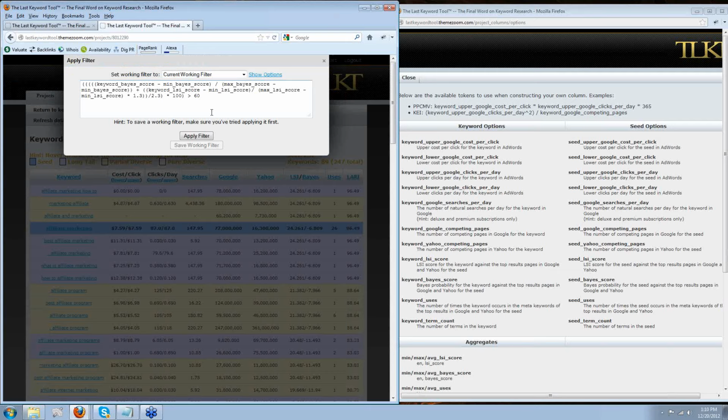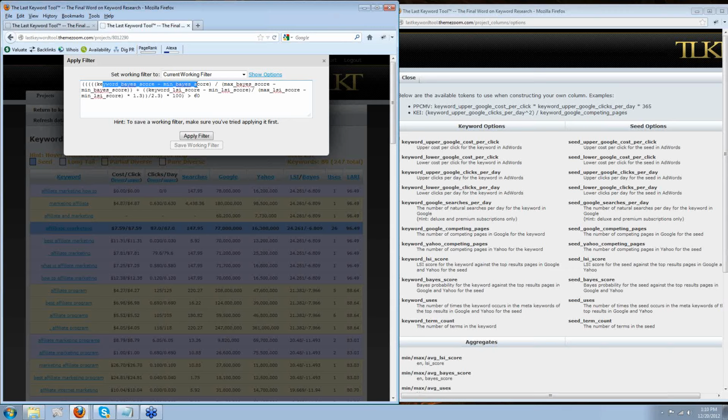What Larry does is it uses a combination of Bayes and LSI to come up with an idea of what's relevant. I have to admit, Kelley came up with this particular algorithm, Kelley and his wife, actually, who's a math major.